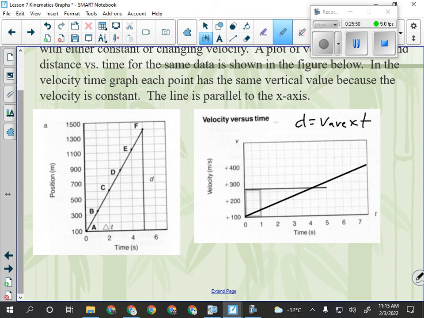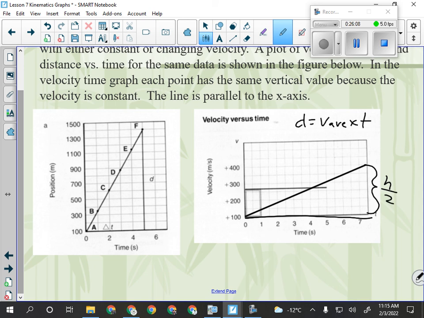Let me put it differently. How do you calculate the area of a triangle? Base times height divided by 2. So I take the base, and then I multiply it by the height over 2.